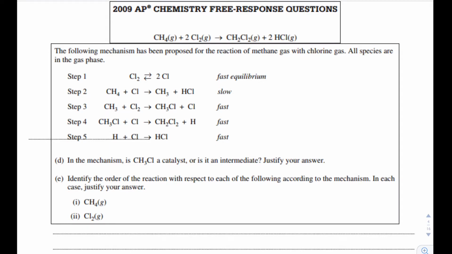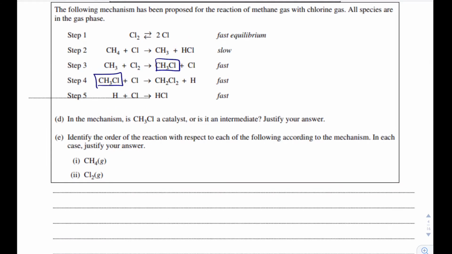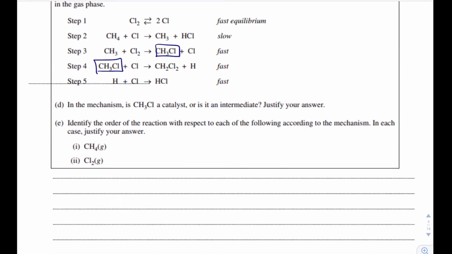And so we need to find CH3Cl, and here it is. And I would say that it's going to be an intermediate because it's produced in step 3 but then consumed in step 4. Okay, so CH3Cl is an intermediate.